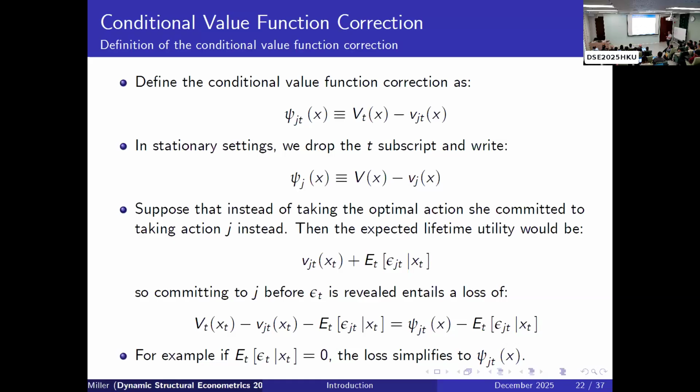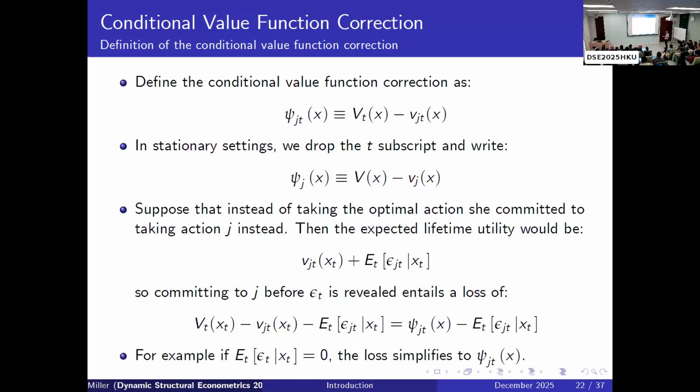So suppose you just took action J at the beginning of the period without looking at your epsilons, okay? It's an artificial device. I don't really model people that way. Then the expected lifetime utility would just be, here's your conditional value function and the expected value of the epsilon, given the state variables that you walk in with.